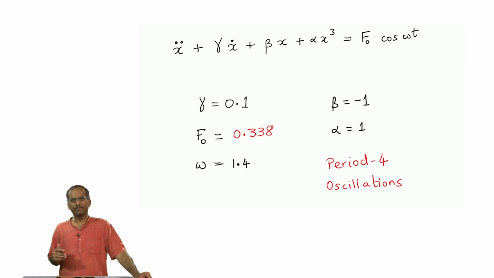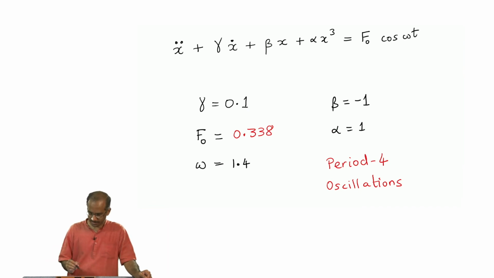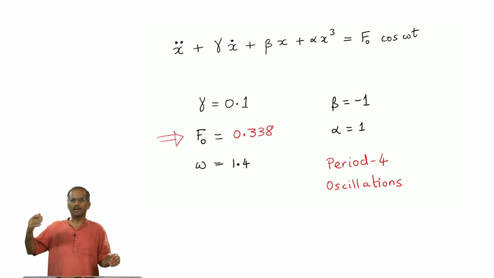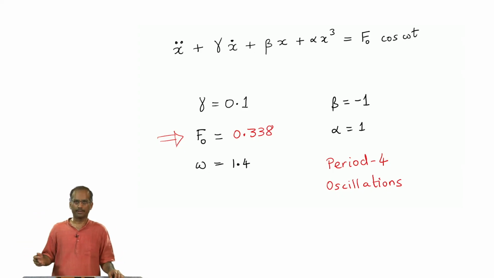So, essentially what happens is that as you keep changing this parameter f0, you are going to have higher and higher periodic orbits generated, and ultimately it will lead to what essentially would look like random oscillations, which is what we call chaotic oscillations.